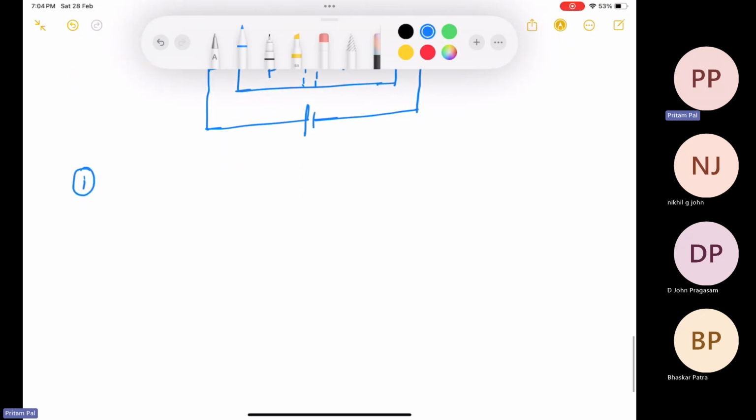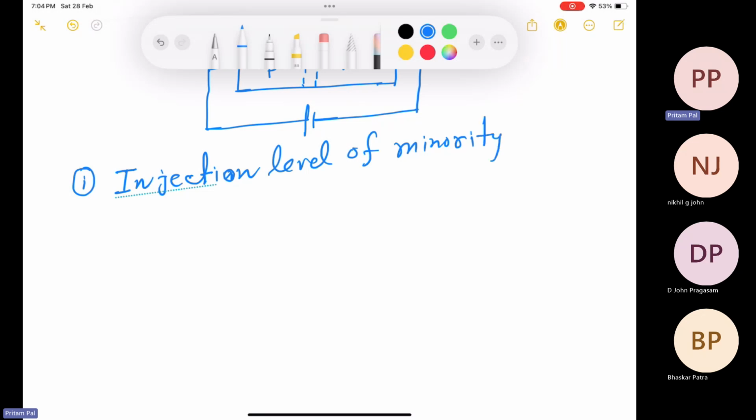The injection level of the minority carriers is low. Minority carriers we don't consider that much. The injection level is low.